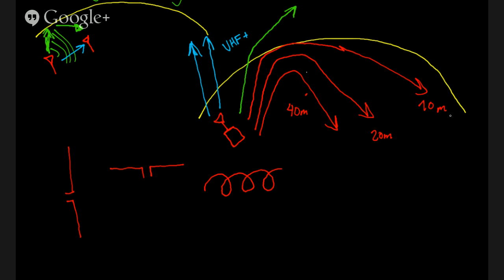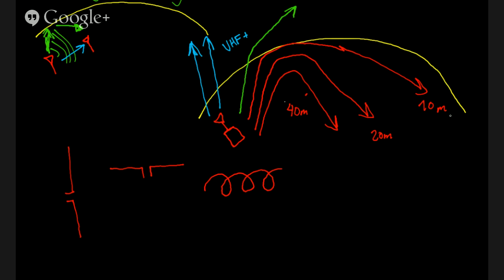And a side effect of that is on the receiving side, you can hear both vertically and horizontally polarized signals. So any antenna configuration should be able to receive elliptically polarized skip signals refracted from the atmosphere.